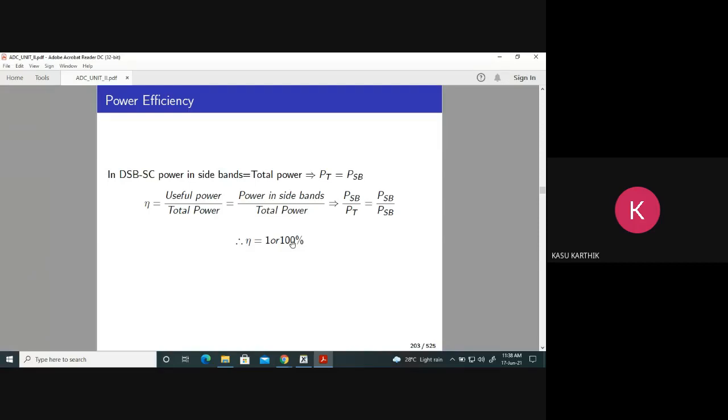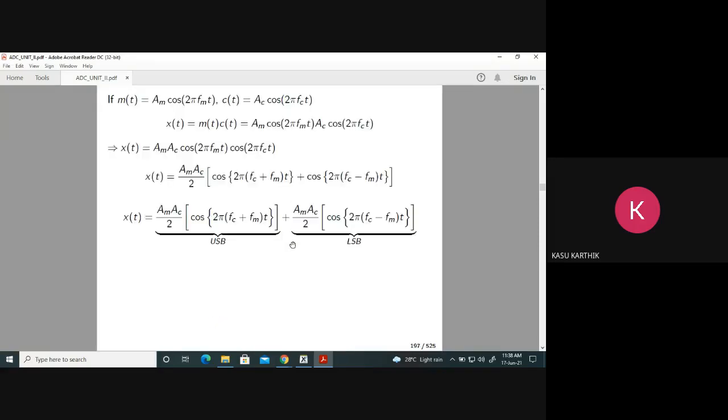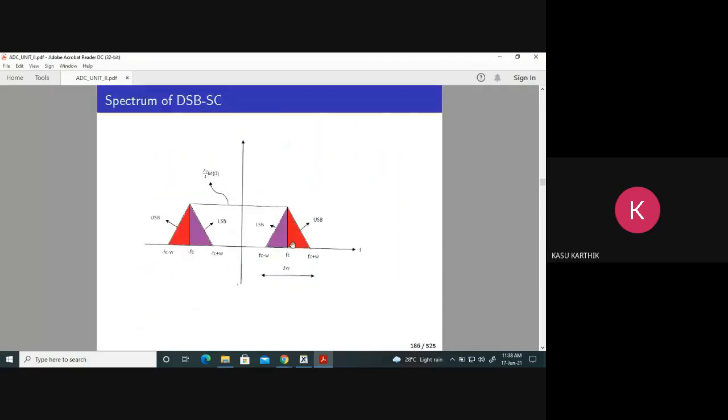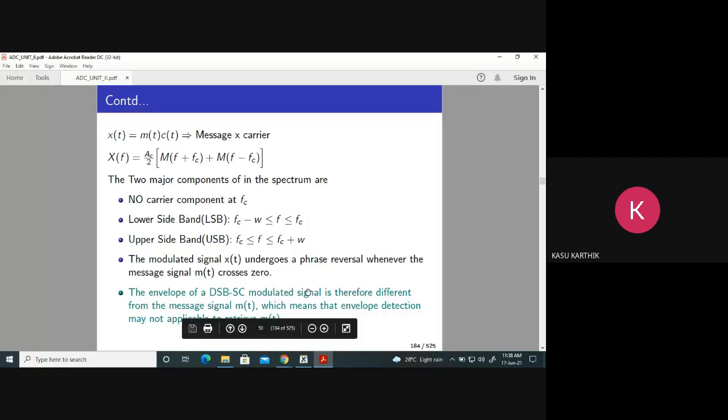So that is about DSBSC. In DSBSC, you must remember these two things. The envelope of the DSBSC signal is therefore different from the message signal M of t, which means that envelope detection may not be applicable for demodulation. One more thing, whenever M of t crosses 0, there is a phase reversal in the carrier.